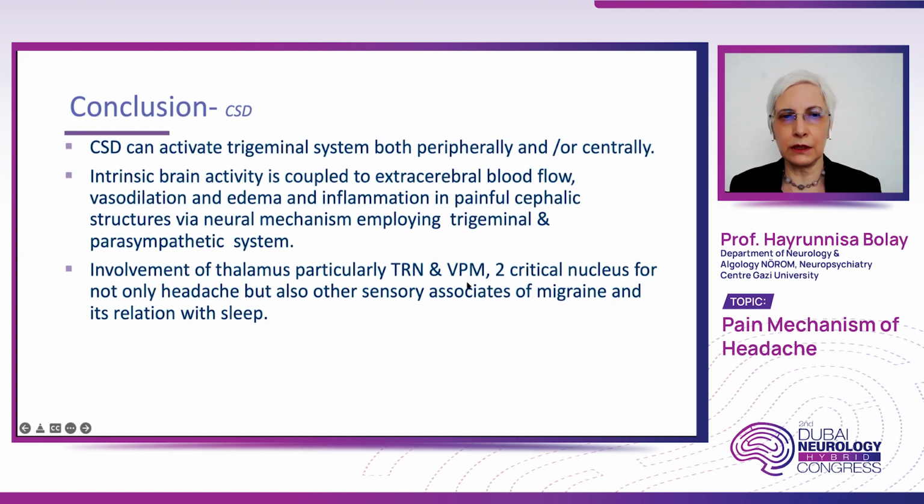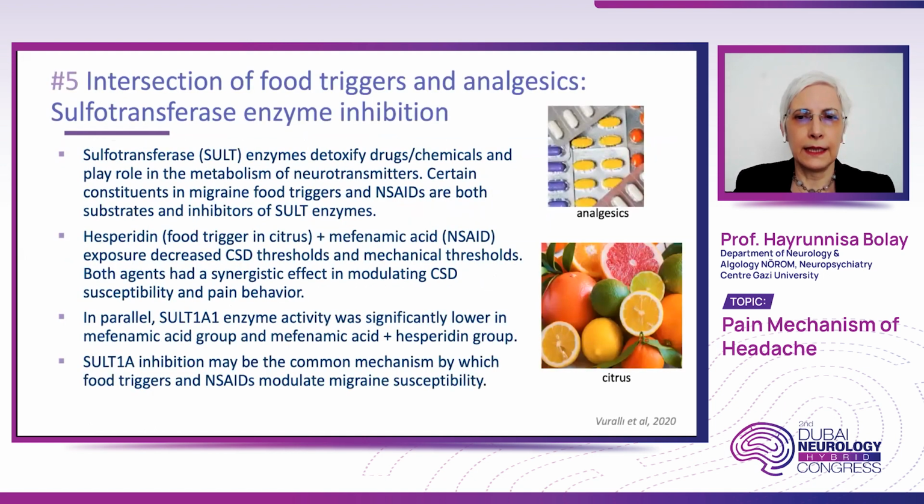These are two critical nuclei, not only for headache, but also for other sensory associates of migraine and its relations with sleep. And in that regard, I would like to give another example of how food triggers intersect with analgesics. We identified that sulfotransferase enzyme inhibition is important.